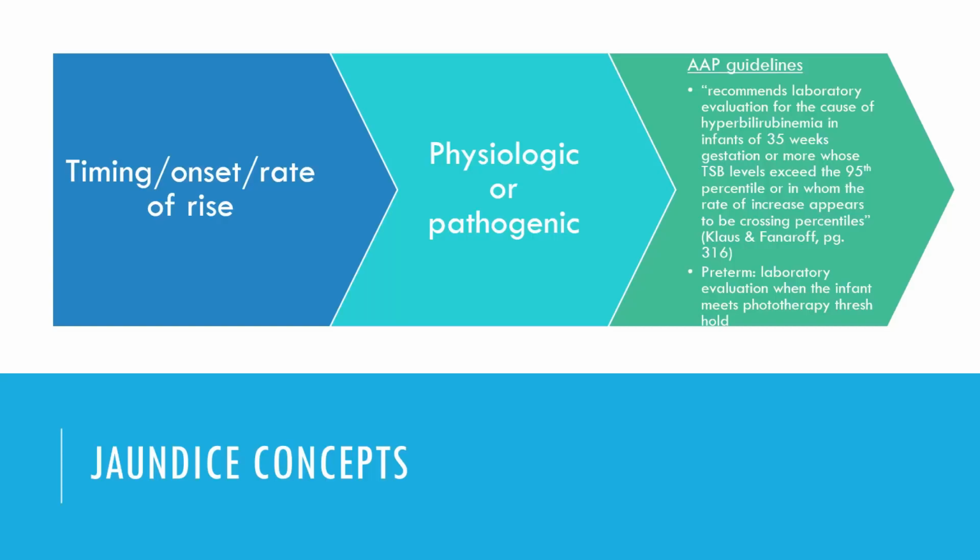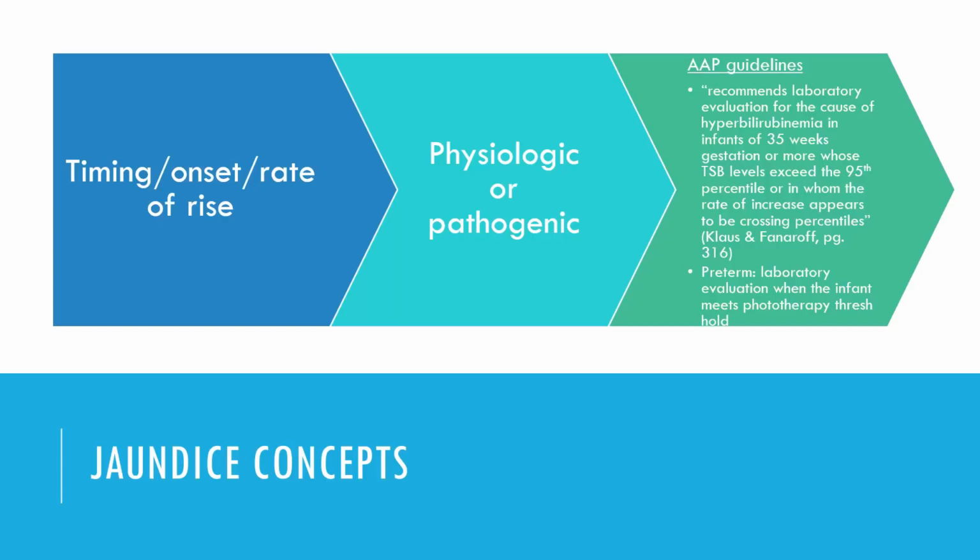When you're talking about the level of bilirubin that the baby has, you have to think about the timing, the onset, and the rate of rise. So that's over a couple of days. What's the rate of rise? These are all features that are important in determining the cause of jaundice in your baby when you're first starting out with the baby and you're maybe not really sure what's going on other than the baby's jaundiced.